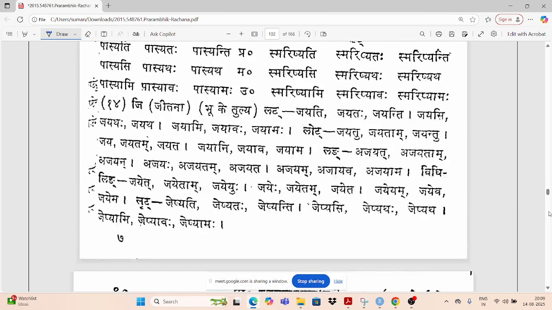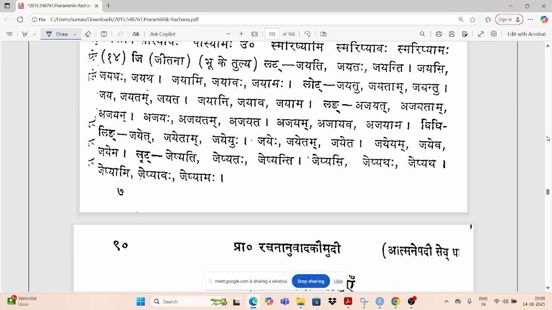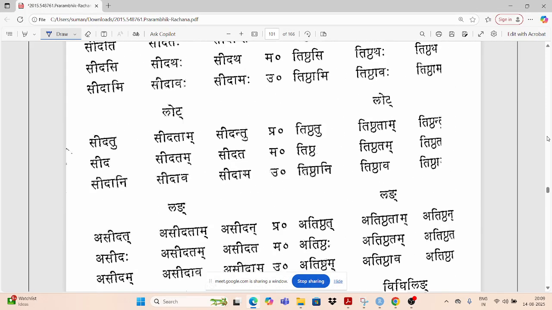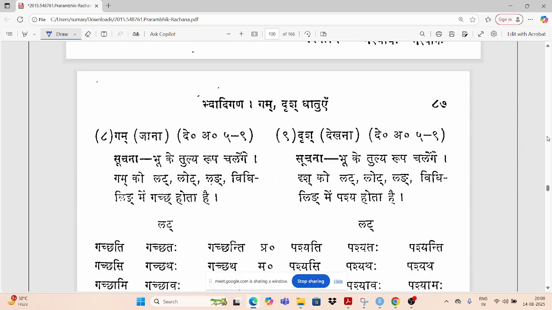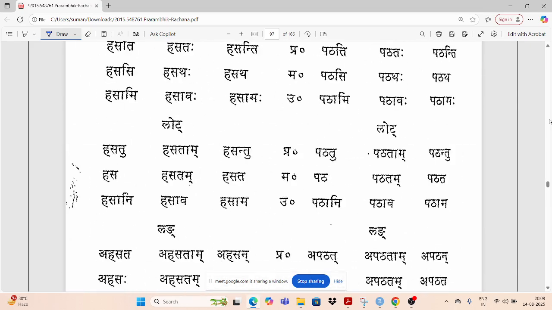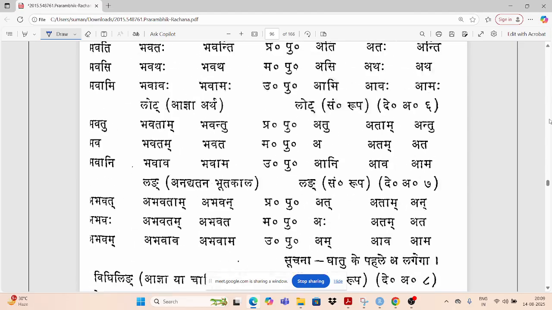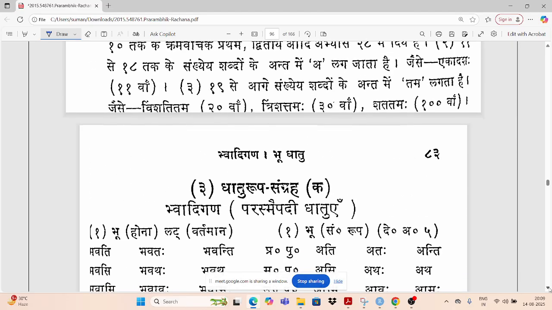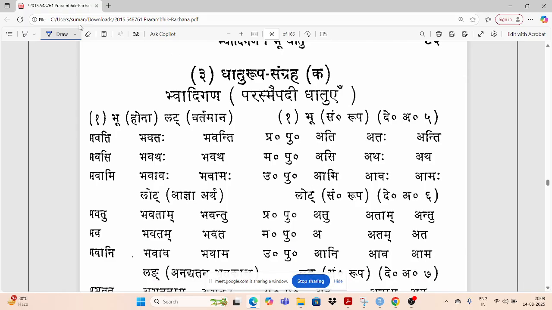So we can look at that example also. Bhu, hona, they're saying bhu ke tulya chalenge. So we will quickly look at bhu. It's easy to show. Again, pardon the printing or scanning issues over here. So this is bhavati, bhavasi, and this is bhavami.